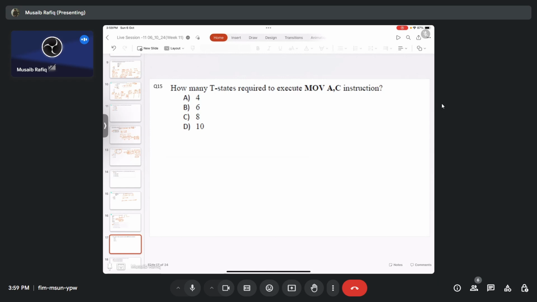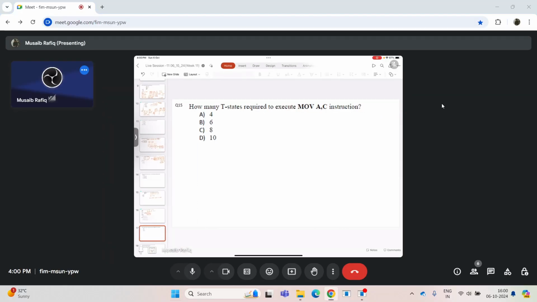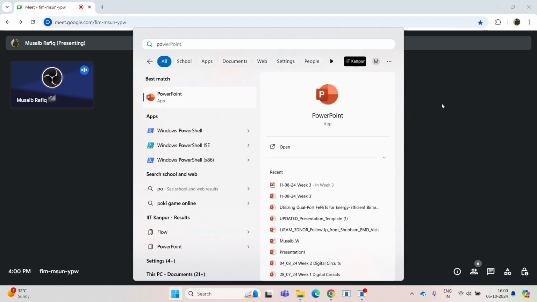How many T states are required for the move A,C instruction? That is, how many T states are required to execute the move A,C instruction? Anyone? I think you should be knowing this by now.